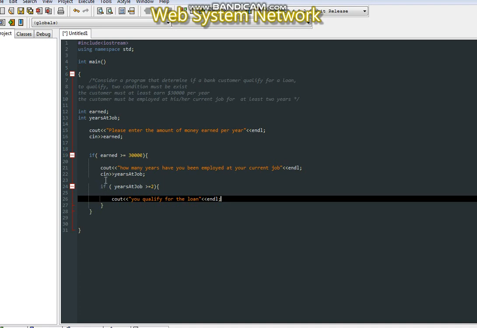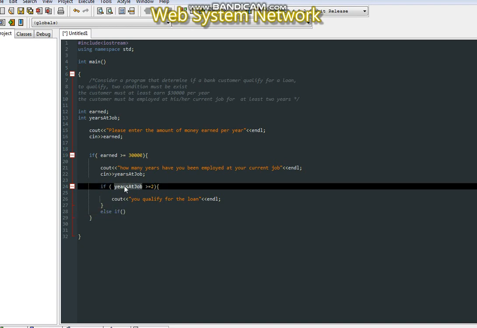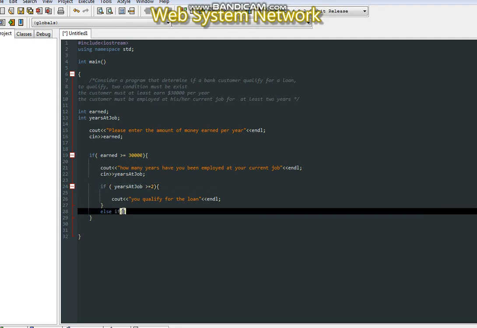But what if the job is not 2 years? If it is less than, we're going to use else if years at job is less than 2.